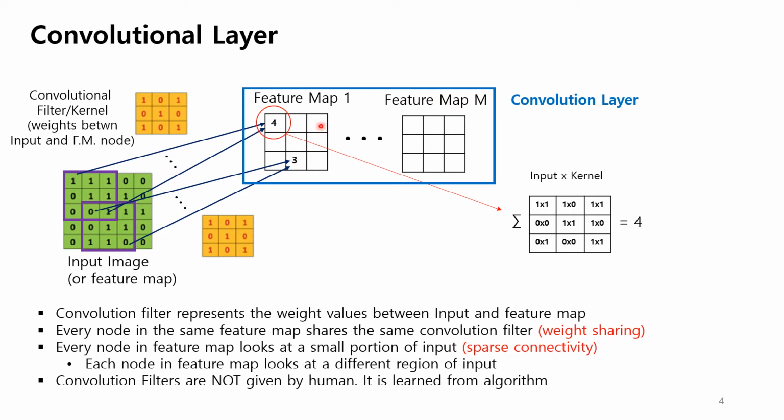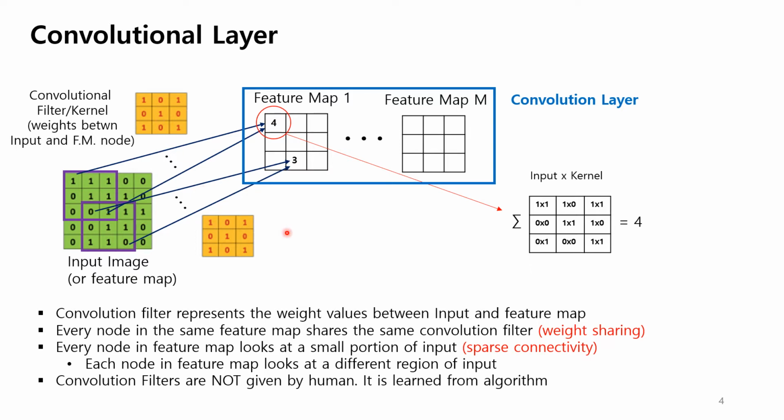And in a similar way, this node is again connected to 9 nodes in the input image, right? So the weight values for this node are also the same as the weight values for this and this. So for every node in a feature map, their corresponding weight values are identical. That's the second difference in a convolution layer feature map.